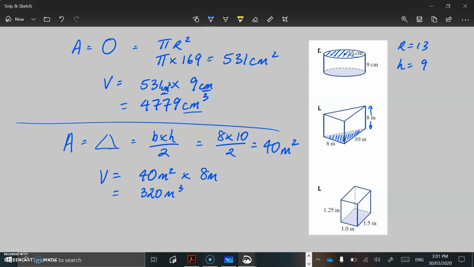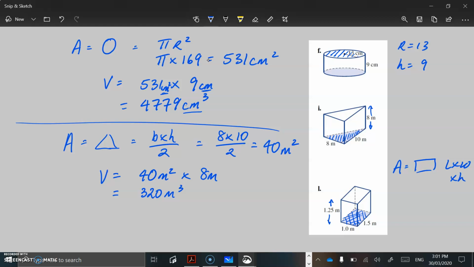All right. And then lastly, what we have here is a rectangular prism. Notice that we don't have a square, but the rectangular base is going to be there. So the area of the rectangle is length times width, and we know that we're going to multiply it by the height.